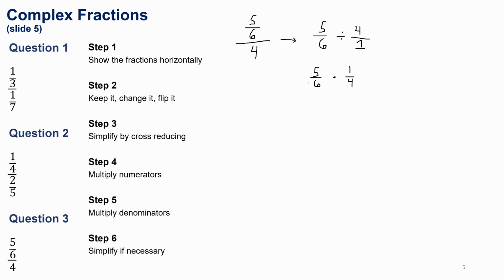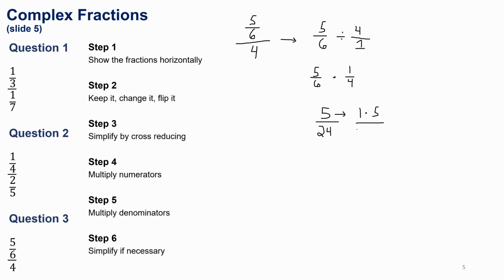From here, we can simplify by cross-reducing. Again, in this case, 5 and 4 and 1 and 6 cannot be reduced down, but we can multiply our numerators at this point. 5 times 1 is 5. 6 times 4 is 24. And we now have 5/24. Well, 5/24 cannot be simplified down, right? If I looked at the factors of 5, that would just be 1 times 5. 5 is a prime number.